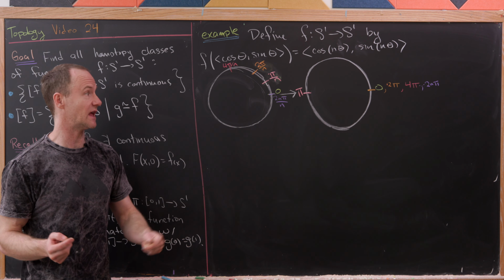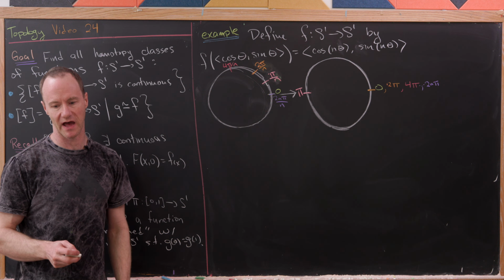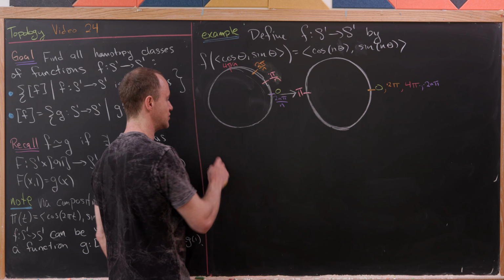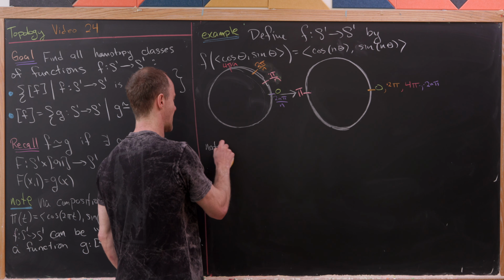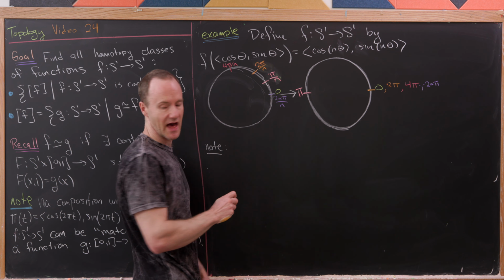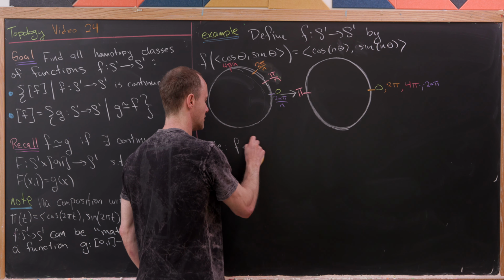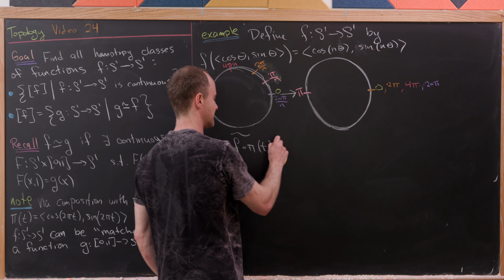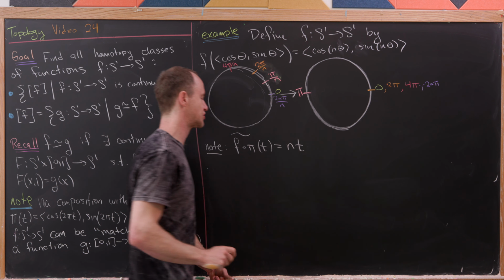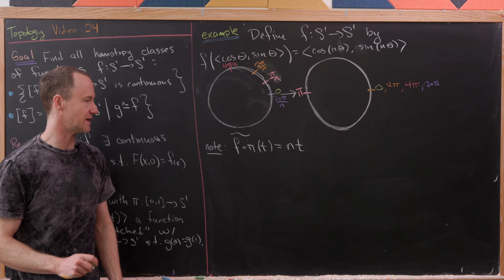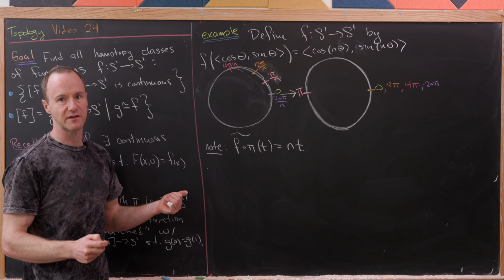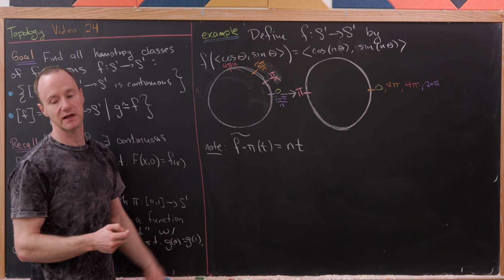It should be n based off of our observation that we've had right here. So let's note the following. And that is that f composed with pi tilde of t is pretty clearly equal to n times t. I think the construction for that is pretty clear.